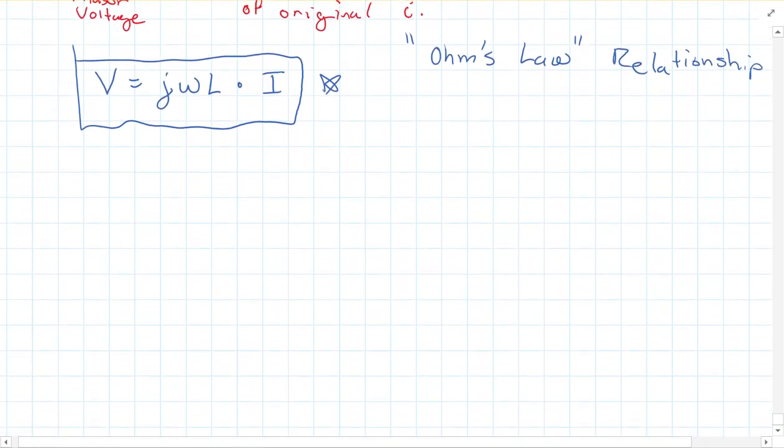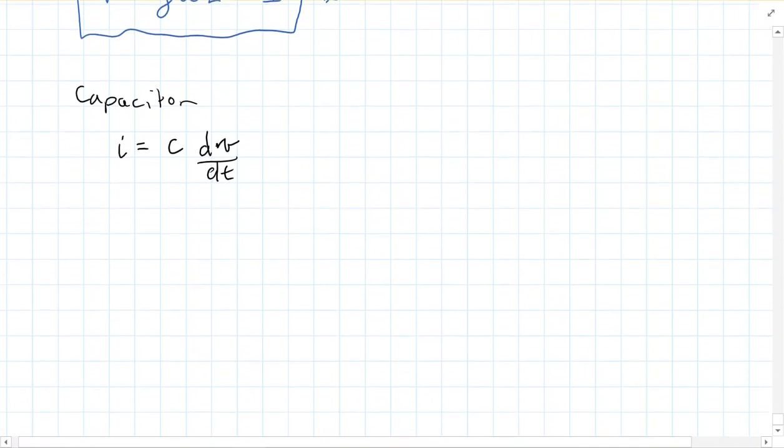Now, of course, we have one other circuit element here. The other circuit element we have to look at, of course, is the capacitor. And the capacitor voltage-current relationship is that my current is equal to C times the derivative of the voltage. And so you go through the same argument. I will walk us through it a tiny bit here. I'm not going to do it all, but you'd start with your voltage is equal to Vm cosine omega t plus phi.